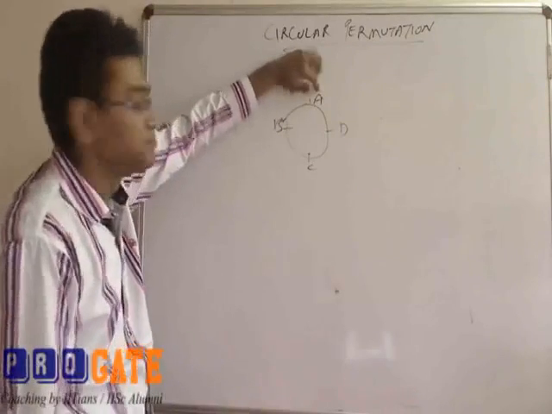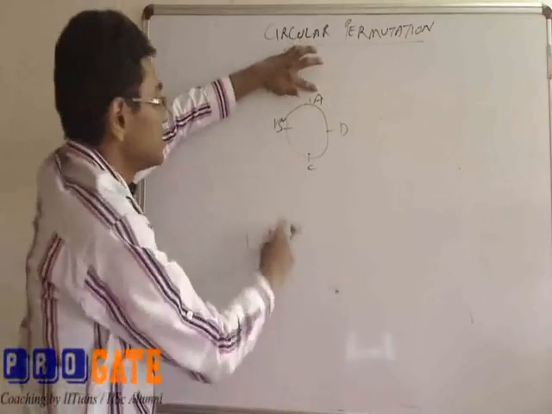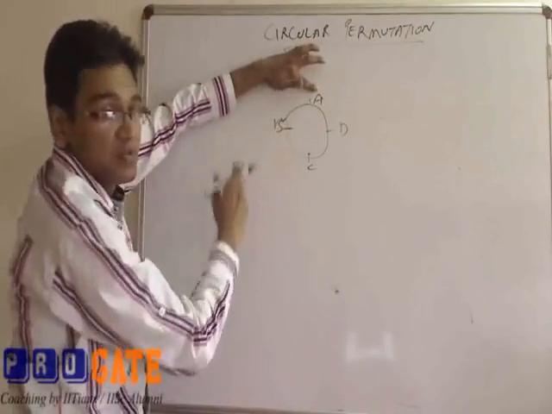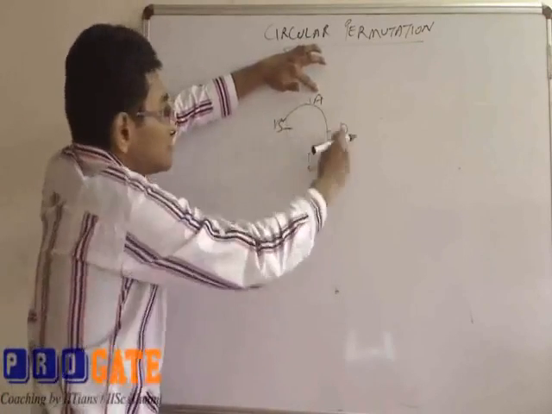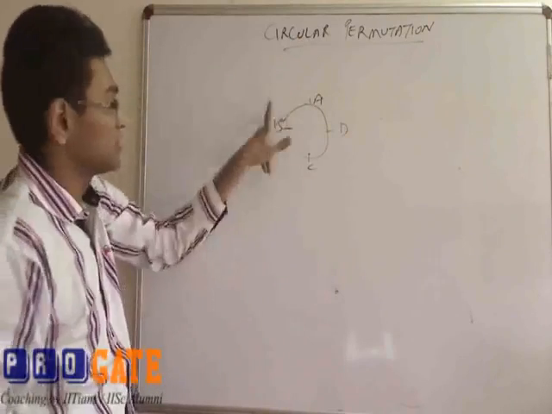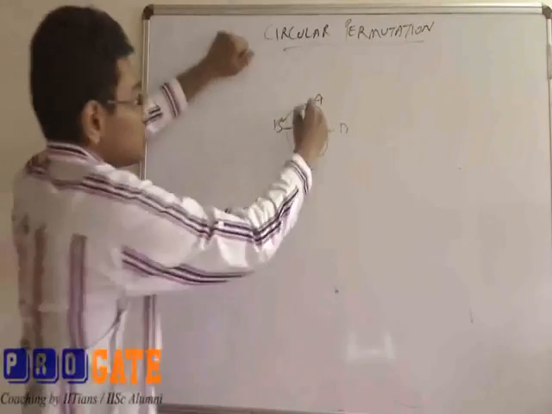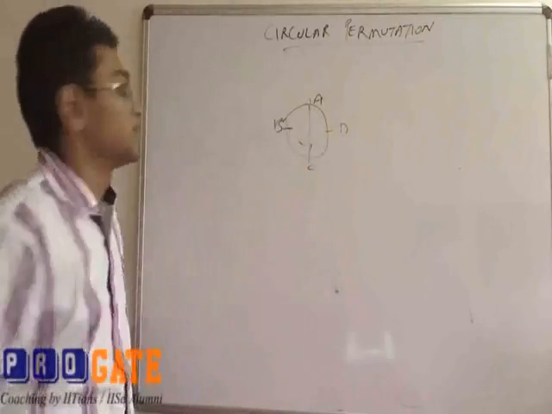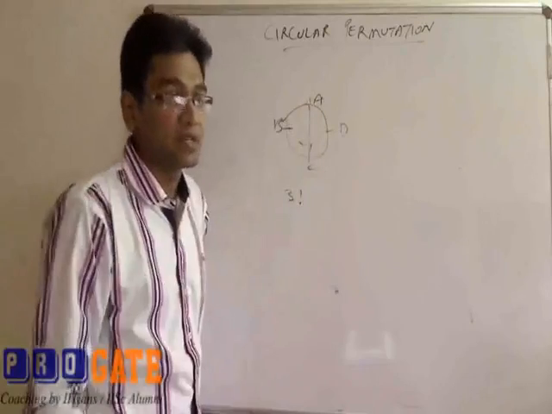Now this position has 3 options, either of B, C and D, which is to the left of A. This position has 2 options, which is to the right of A, and this position has 1 option, which will be left, which is opposite of A. So it will have 3 factorial ways if I fix A first.